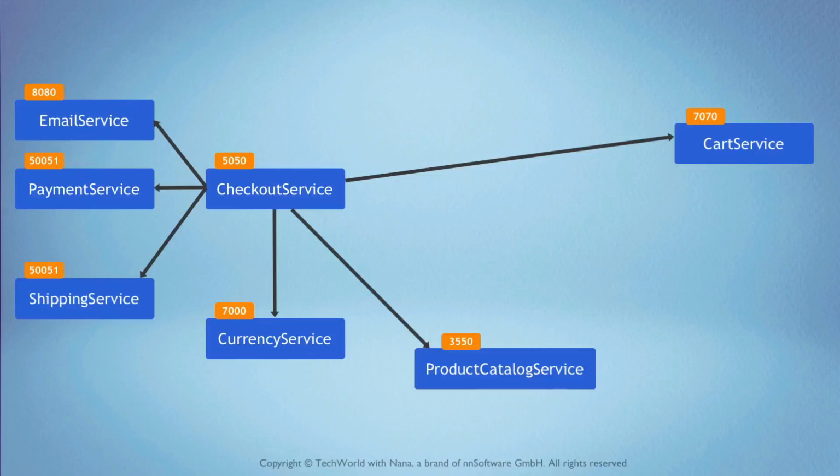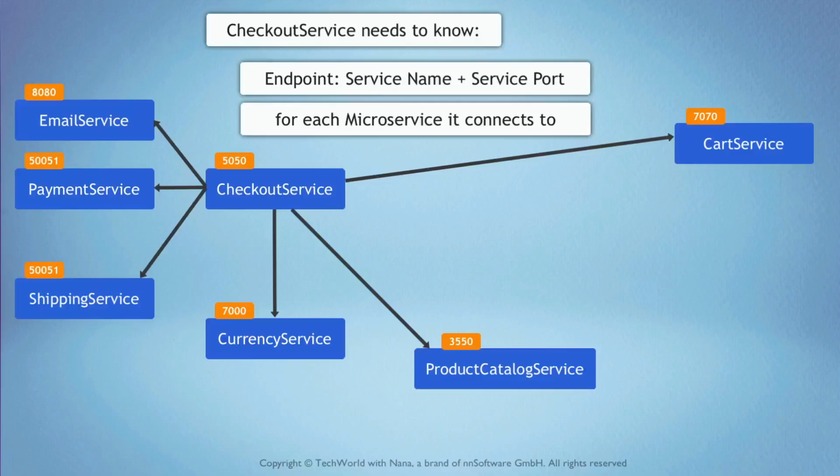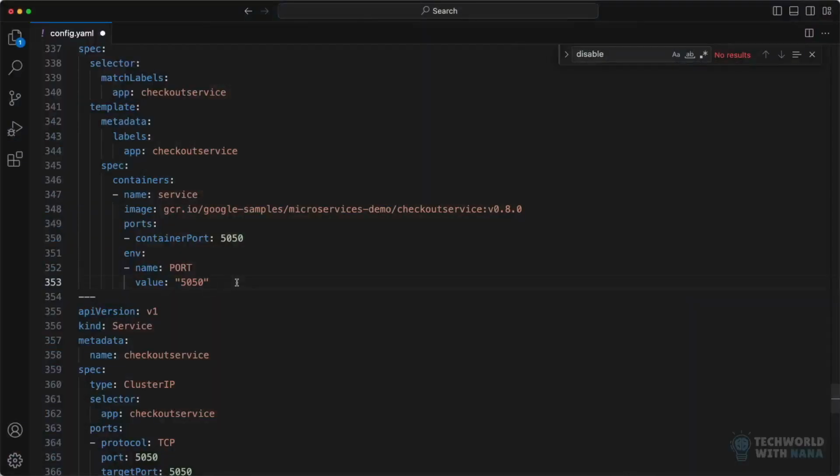And that means that for all those other microservices that the checkout service connects to, we have to tell the checkout service the endpoints of each microservice so that it can connect to them. So I'm going to add each of these different services here using the same format: the service name followed by the value, which includes the service ports we have defined for each individual microservice already.